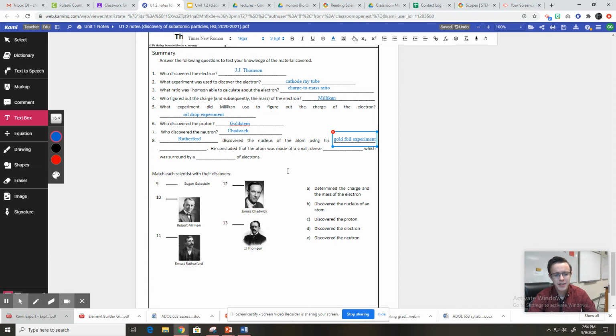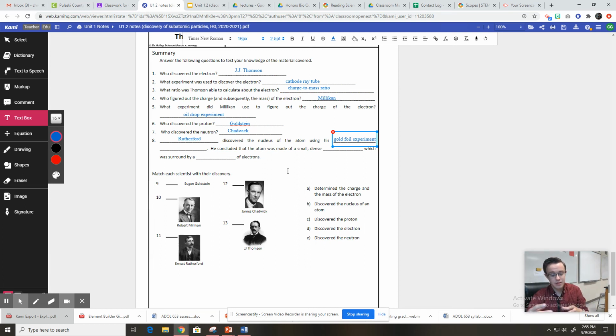You're actually going to get to play around with this experiment in an explore activity in the next unit. So I'm not going to go super in depth, but basically they used to think that the atom was just mostly empty space with protons just kind of floating around in it. And so what Ernest Rutherford did is he shot particles at a thin sheet of gold.